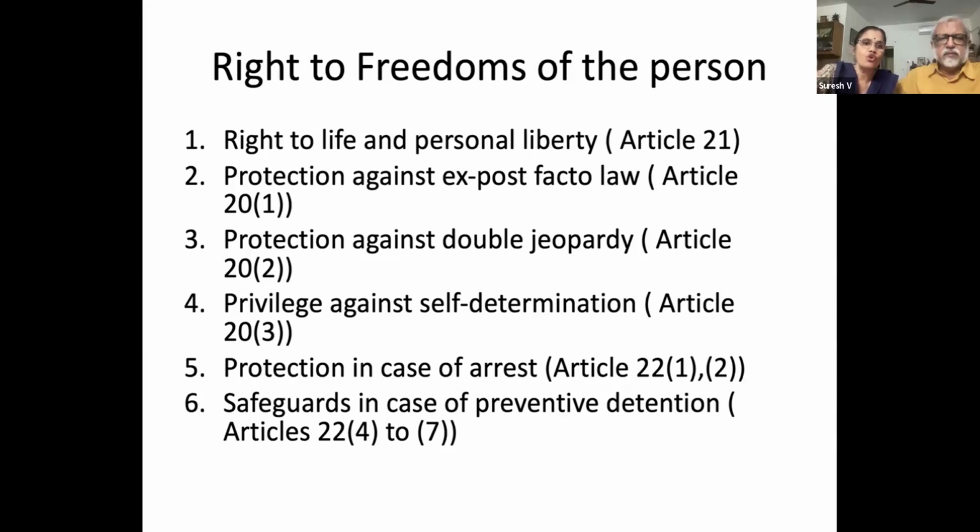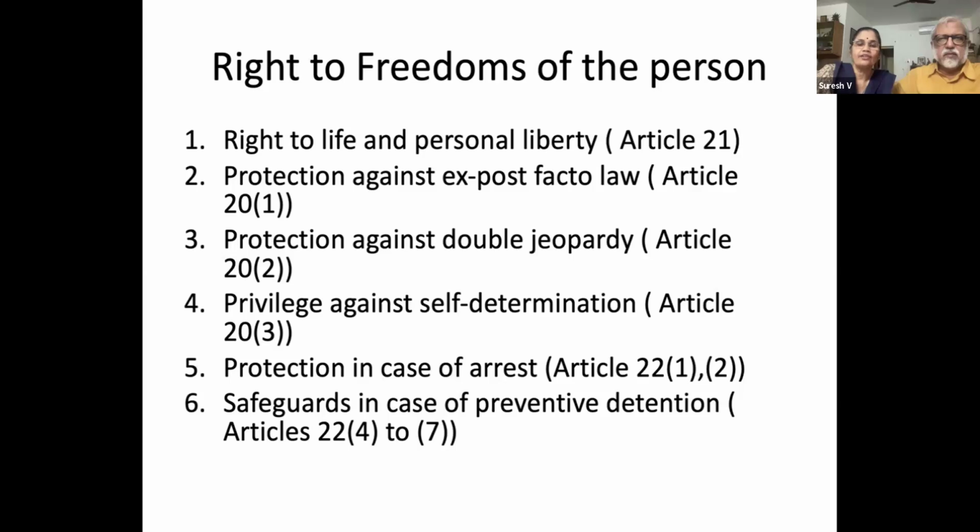Then subclause 2 of Article 20 is protection against double jeopardy. So double jeopardy, we don't want to go too much into details, but very simply, you cannot be tried for the same offense twice. So for instance, today you are charge sheeted for theft, for stealing a computer from a place, and there's a trial after which you are acquitted.